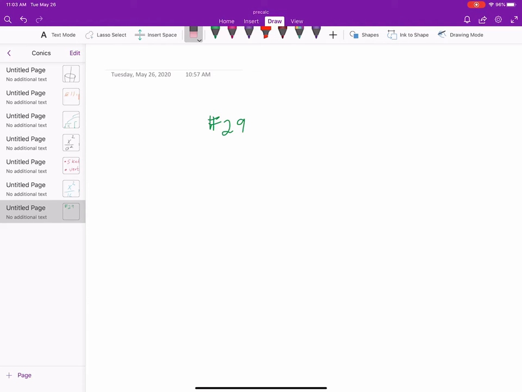So let's do this problem 29, and it says the center is at 0, 0. So I'm going to try to draw here, but I guess I got to pick the drawer. There we go. Center's at 0, 0, and it says that the B is 5, and the eccentricity is 13 over 12, which is equal to C over A, because that's what it was with the ellipse, and it's the same with the hyperbola.